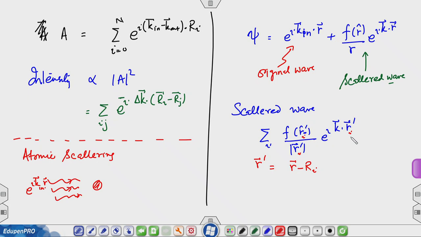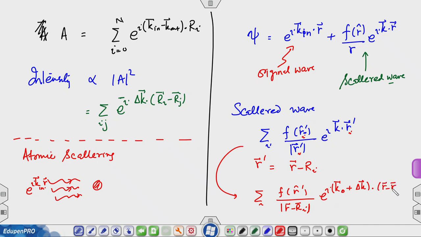Now, what you are doing is you are summing over all these waves. So, this becomes summation over i of f, let us say they are identical for each one of them, so I will take it out, divided by r minus r_i, e raised to i (k_0 plus delta k) dot (r minus r_i).